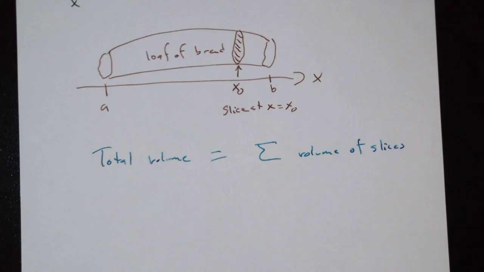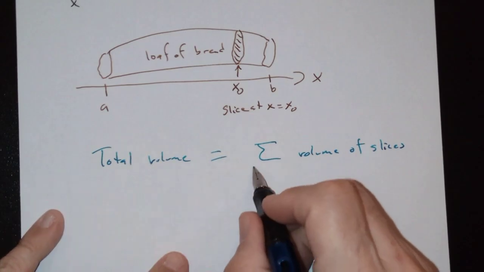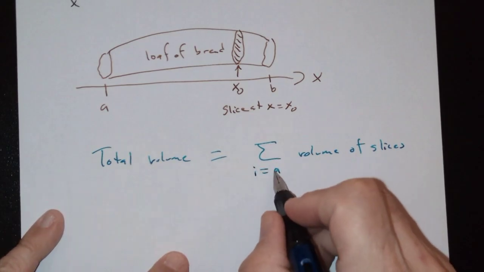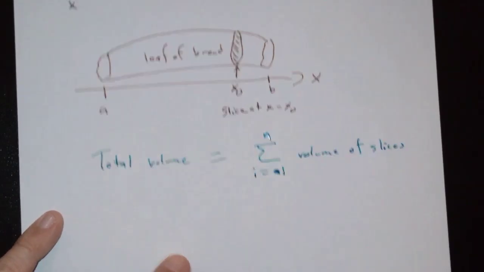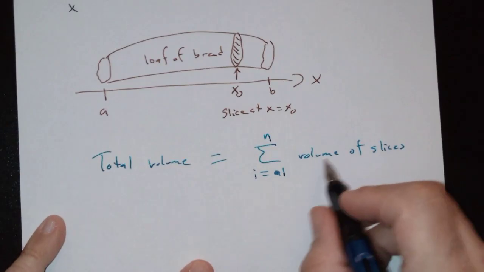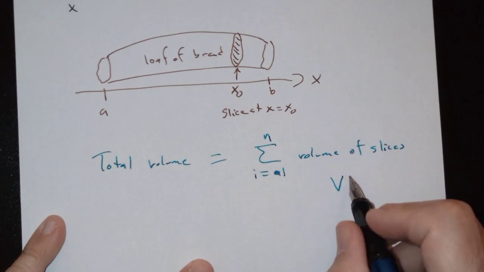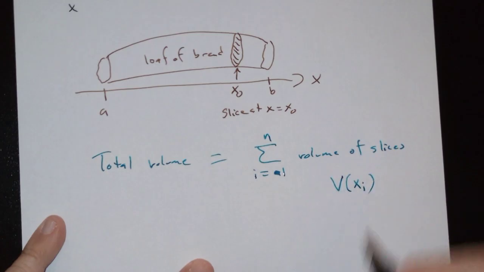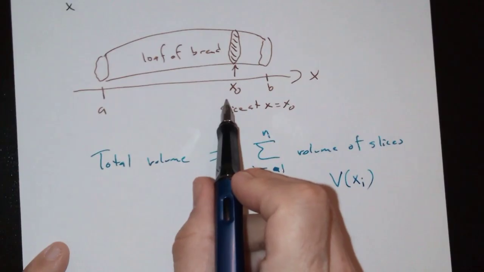I don't know how many slices we're going to have. So I'm just going to pick a number. I'm even going to use a variable. I'm going to say we're going to have from 1 to n slices. I'll write the volume of a slice, volume of the slice at some given x value.